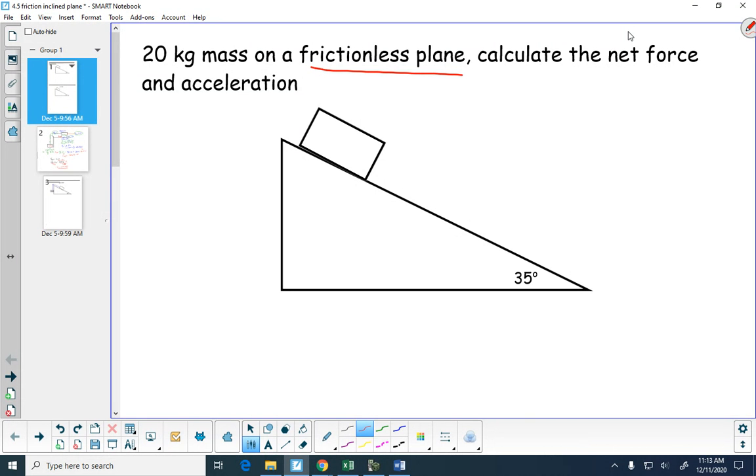Calculate the net force and acceleration. Well, we have 20 kilograms. If you remember, we have our weight going downwards, and we have our two components. We have our normal force, and we have our parallel force. So we have our force parallel and our force perpendicular.